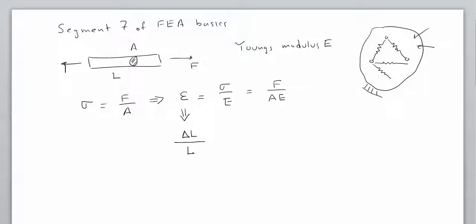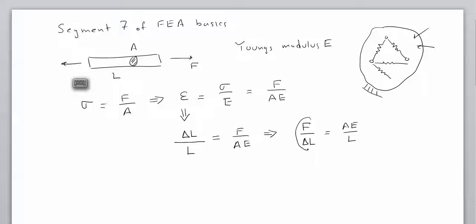That's how the normal strain in the direction of the load is defined, and therefore this is equal to F over AE. If you go from this and find F over delta L, you're going to get AE over L.